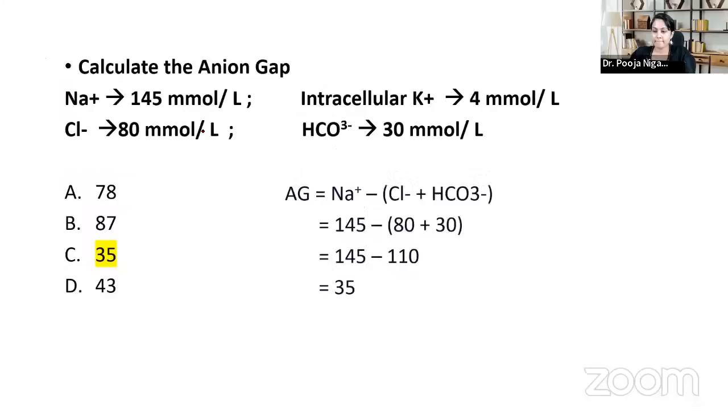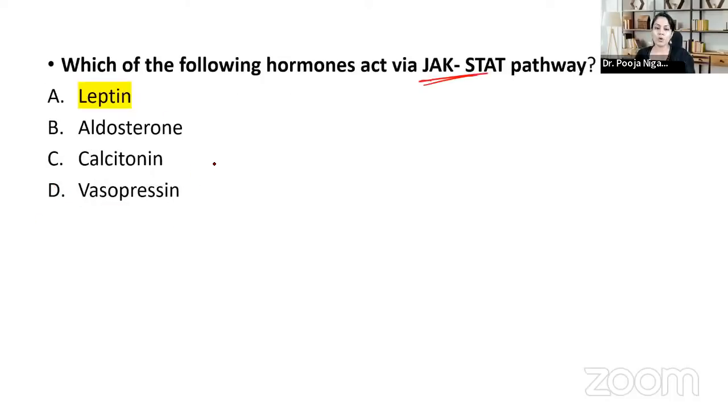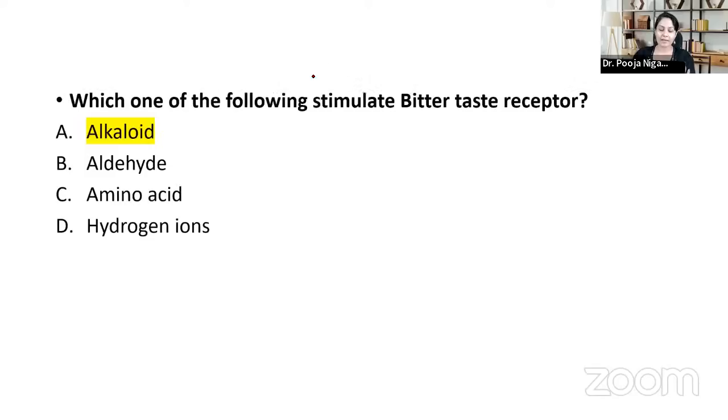Working through the JAK-STAT pathway: even if you don't know which one is the JAK-STAT pathway, you can always go through the exclusion criteria. These two are via the GPCR proteins, via secondary messenger. If these are out, the one left is leptin, and leptin is going to act through the JAK-STAT pathway.